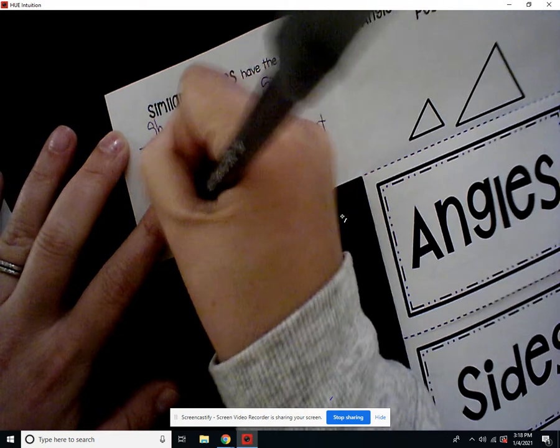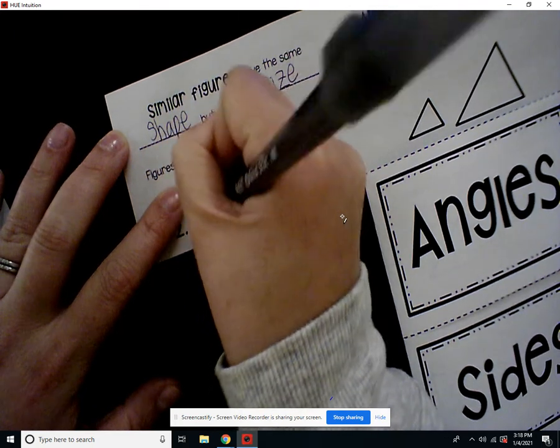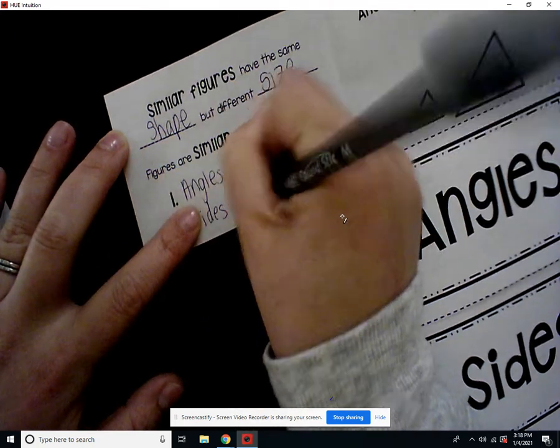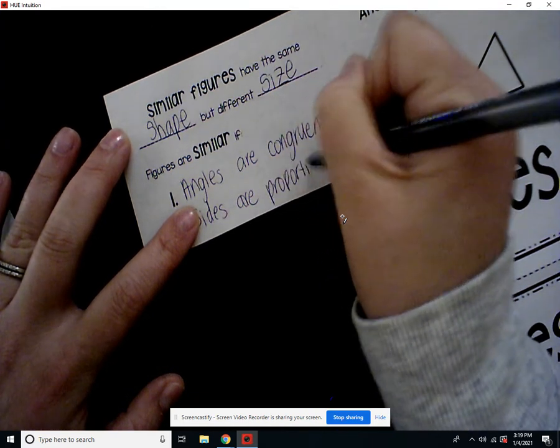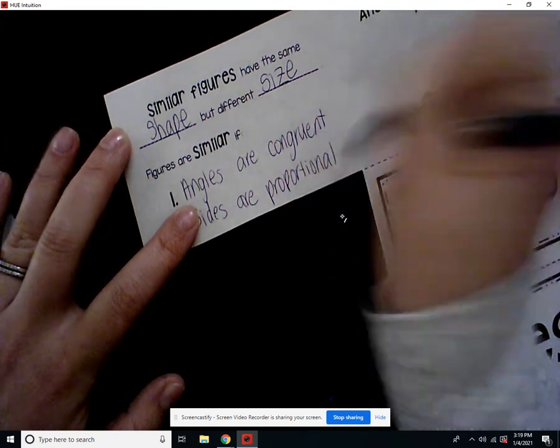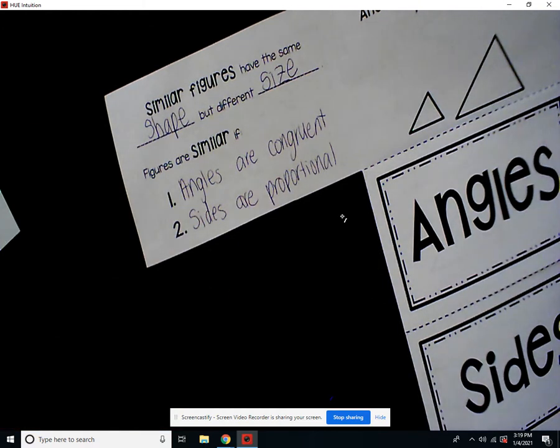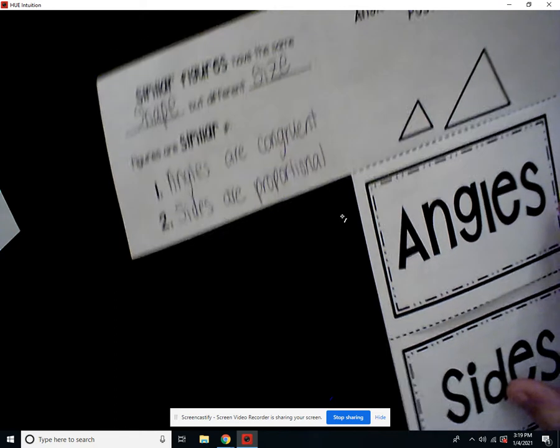And then sides are proportional. So all that means is that we can set up proportions to help us find missing sides. So we will have missing sides of x on one side, and we're going to be looking for how we find that. So we'll be setting up proportions.